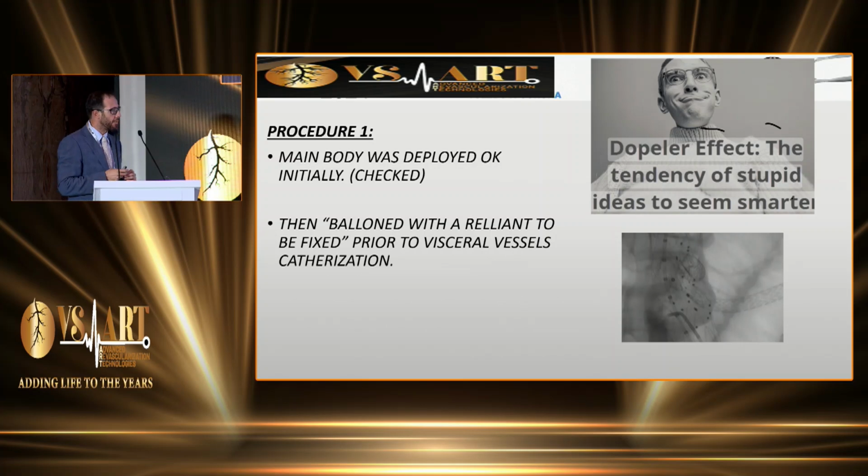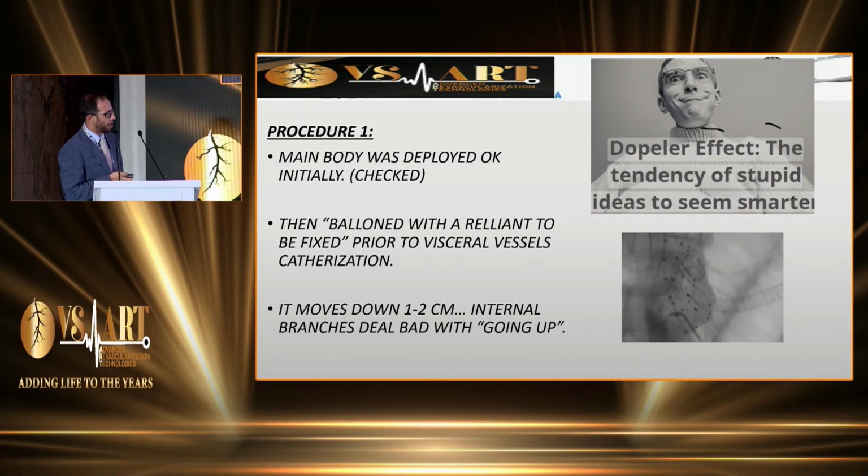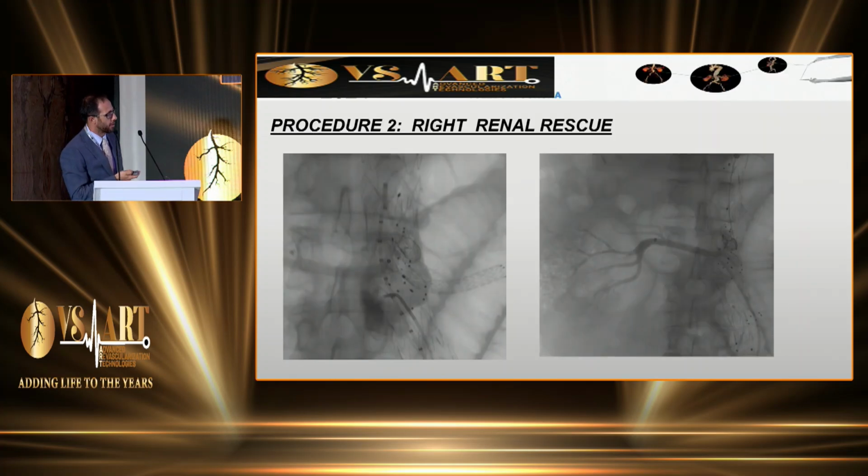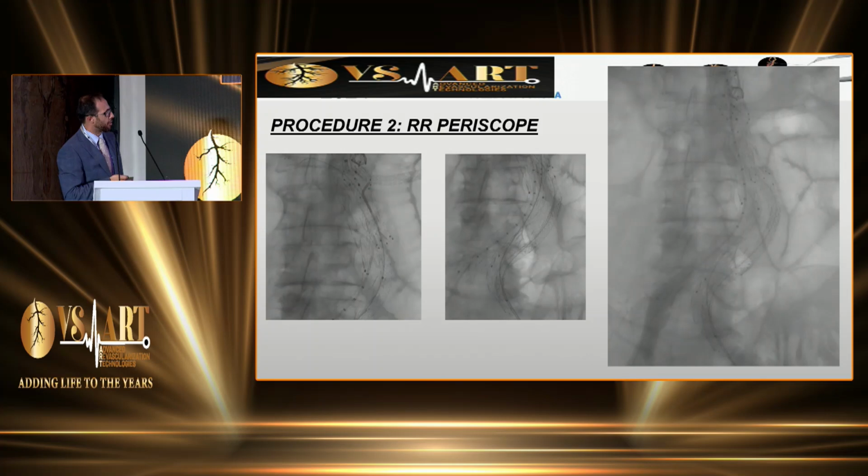If you do this with an inner branch, you are in trouble because it's very difficult then to go to the vessel up. When the inner branch moves down from the target vessel, it is very complicated to fight with this angulation. And you can see here, it was almost impossible to reach the right renal.